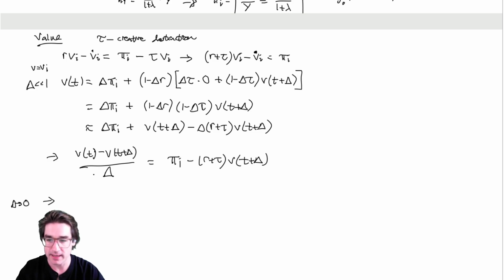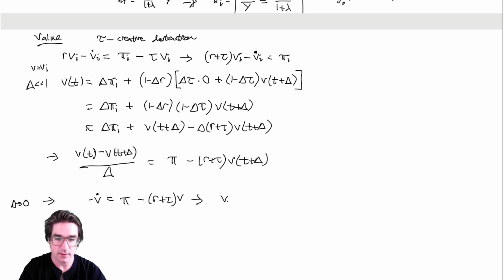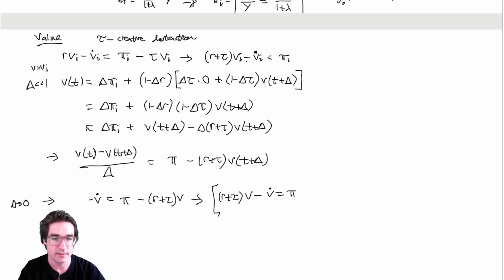So here we're going to get a minus V dot, equal to pi. We don't need pi i because they're all constant across i. Pi minus r plus tau times V. Then we can move this over to get r plus tau times V minus V dot is equal to pi. That's our answer, and you can see that's exactly what I have here, minus the i's: r plus tau V minus V dot equals pi.